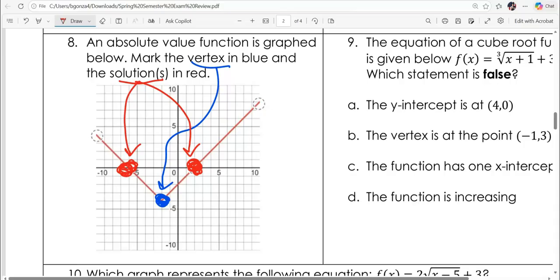Another word for solution is x-intercept.